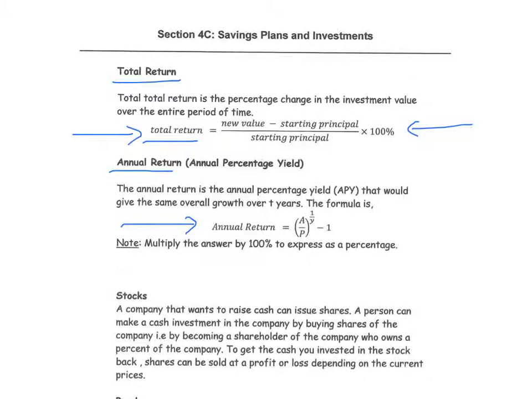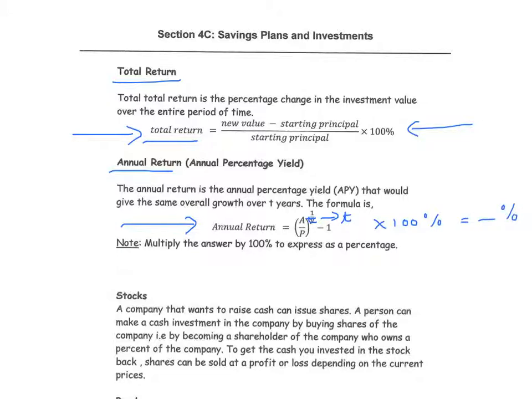This really should have been t years. If we call the time y, then that would be y years, but this should have been t. So this is our annual return. We get it as a decimal, and if we multiply that with 100%, as we've discussed before, that gives us the answer in a percentage.